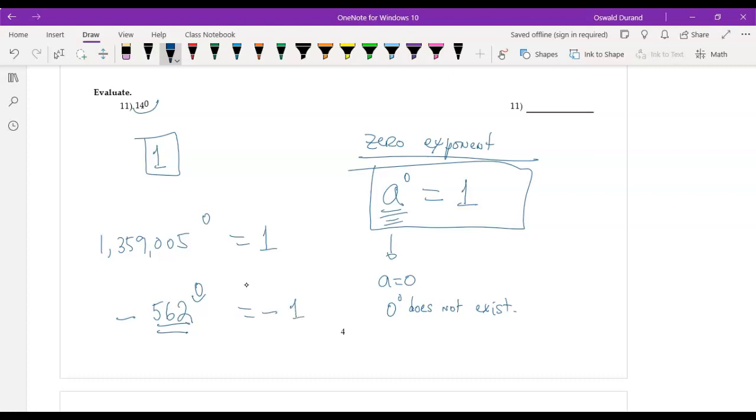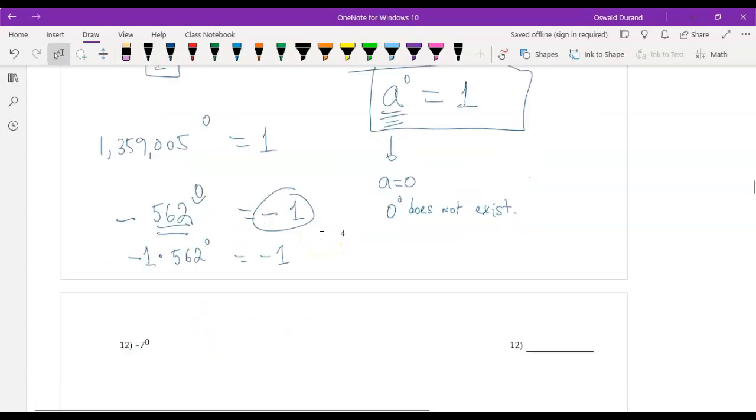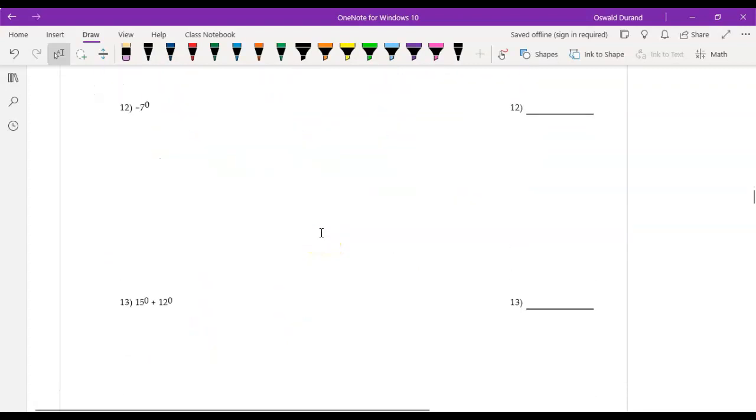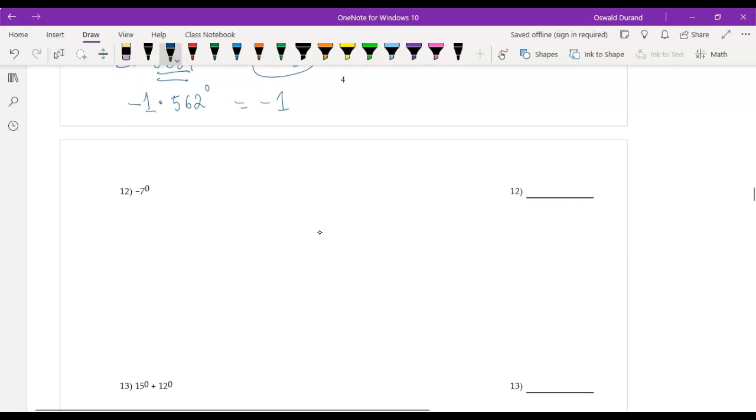So you view the negative as negative 1 times 562 to the power of 0, and that gives me negative 1, right? So that's what we get. Okay? And same thing that we've seen with other exponents. All right, so just like I mentioned before, the negative is on the outside, and that's going to be negative 1.